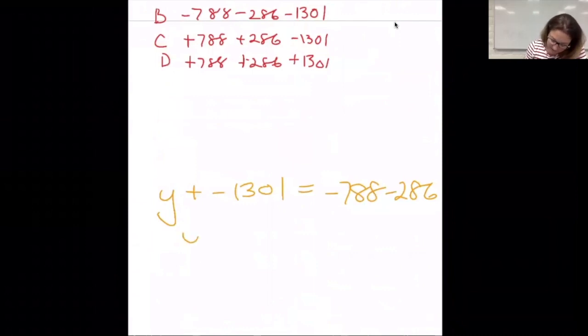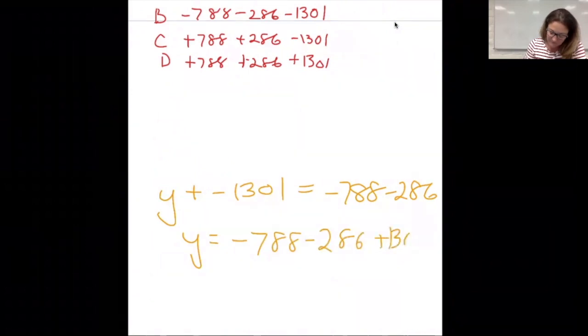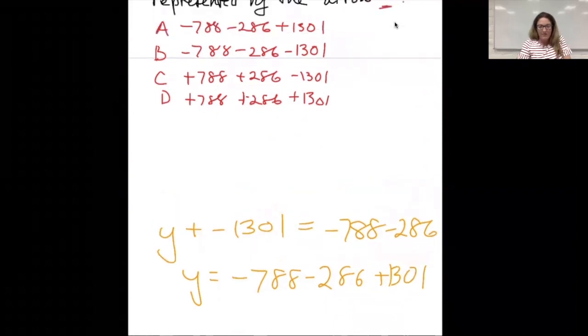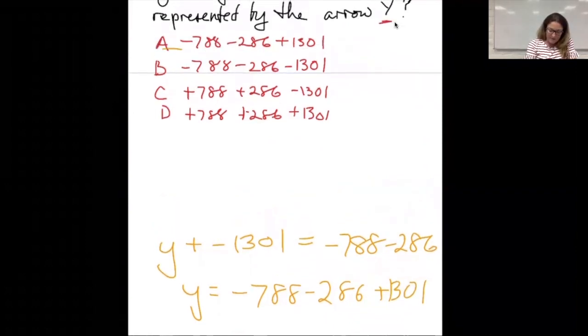Solving for y, but not really, because this is assuming I don't have a calculator. Moving the 1301 to the other side, and now we want to see which one of these is consistent with that. And my answer to this problem would be A.